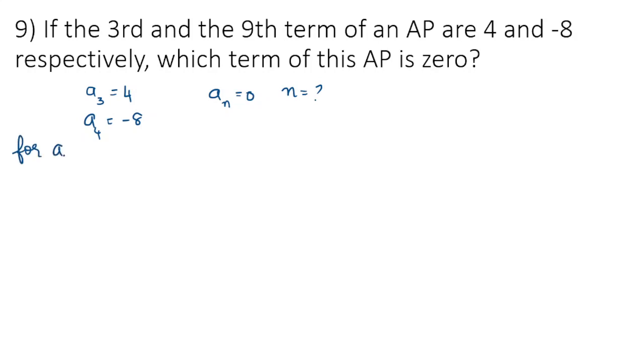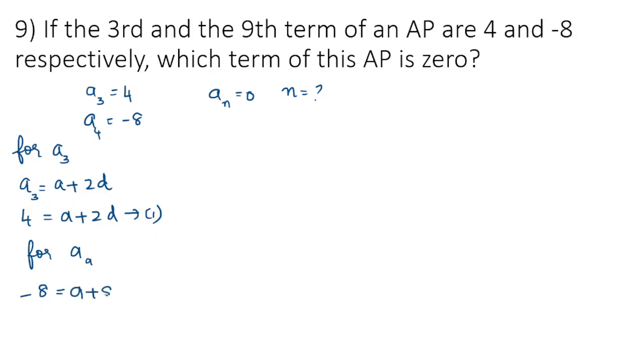For A3 we'll write the formula: A3 is equal to A plus 2D. That means 4 is equal to A plus 2D. This is equation 1. For A9 we can write minus 8 is equal to A plus 8D. So this is equation 2.